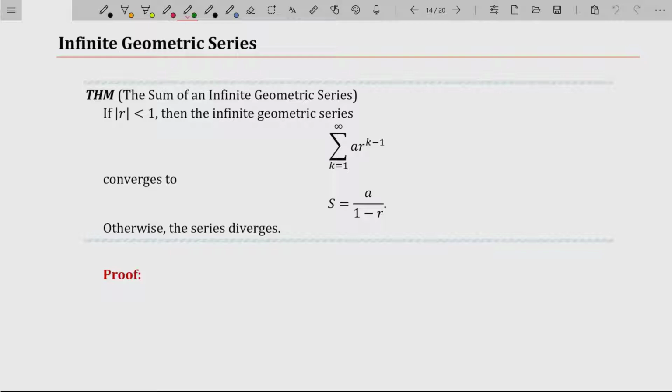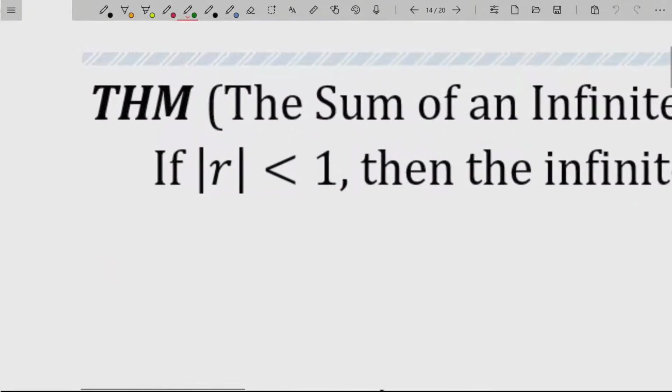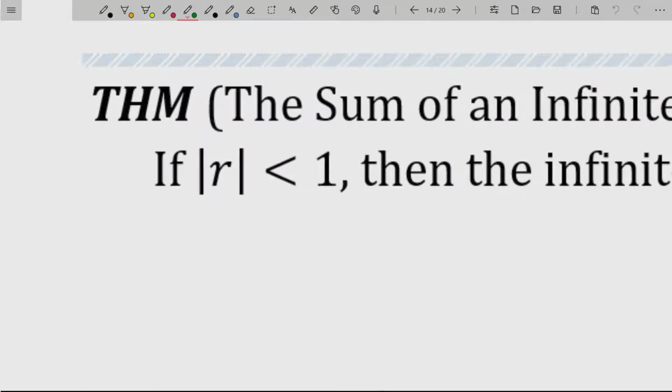Actually, let's just make the statement. If your common ratio is strictly less than 1 in absolute value, so that means your common ratio cannot equal 1, but it can be negative, it can be positive, it could be 0, well, that'd be silly though, but it's some number between -1 and 1, not including -1 and not including 1.